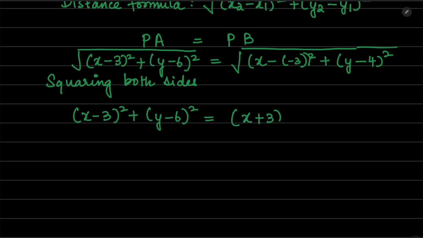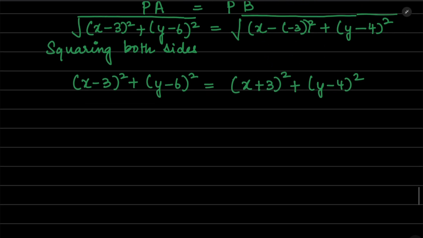Okay, x plus 3 the whole square plus y minus 4 the whole square, right? So please remember, this is nothing but x minus of minus 3 the whole square, right? Minus into minus is plus, so do not forget that.